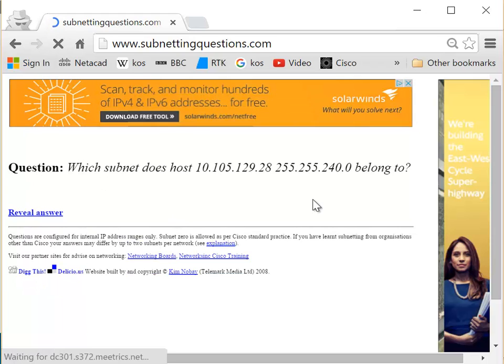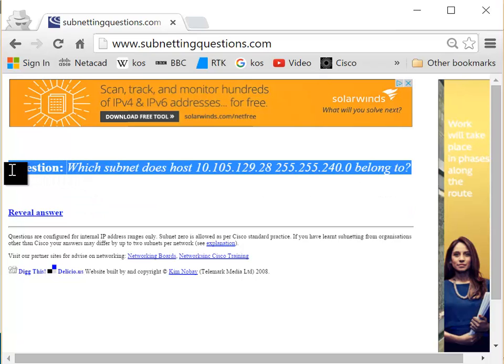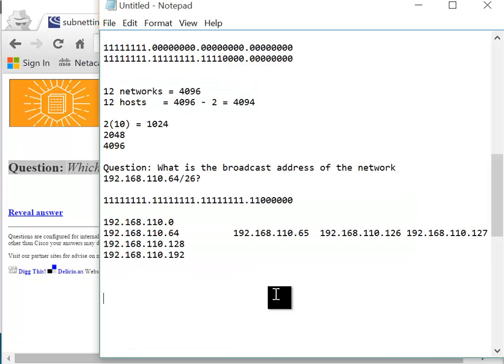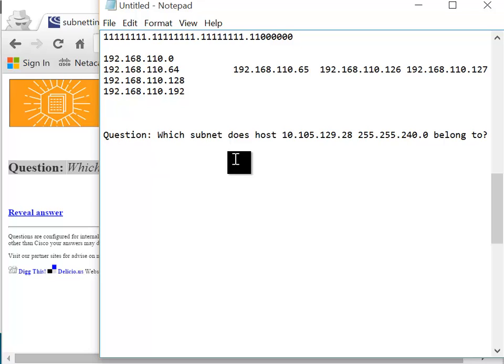If we take another one, which subnet does the host belong to? Right, so we have a host and we need to find out what is the subnet address. So if I copy that, put it on a notepad, this host. So 240. They have given you 240. So 1, 2, 3, 4, 5, 6, 7, 8.